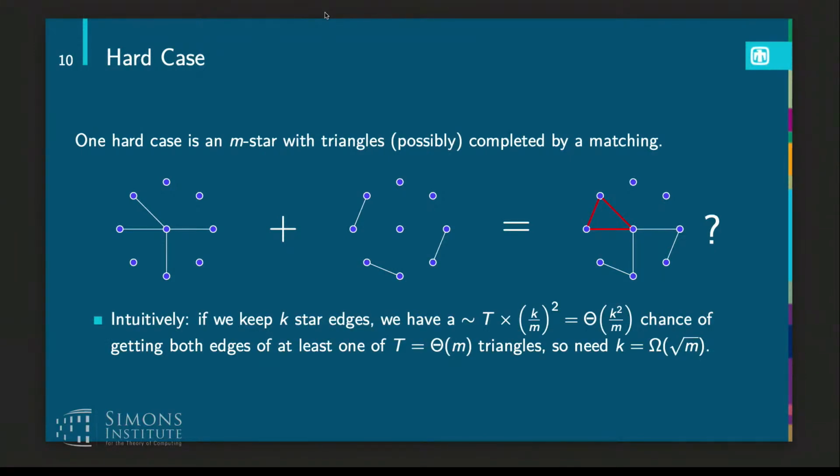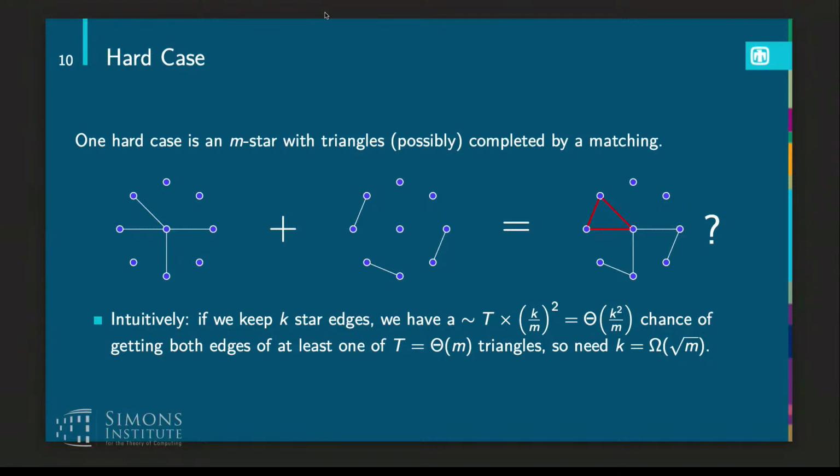Now, how hard is this? Well, you can think about a sampling scenario. Imagine you kept k of the edges from this star that you see, and then you checked how many of them are completed into triangles by the matching edges that arise later. If you kept k edges from your star, you would have a (k over m) all squared chance of getting any given triangle.